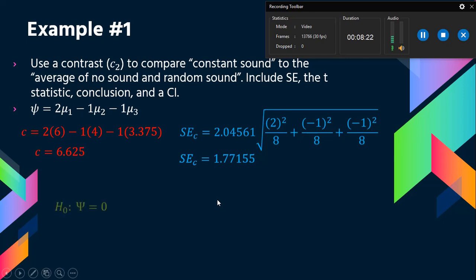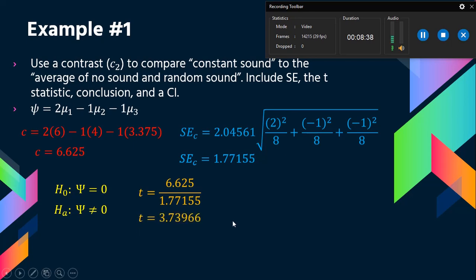Again, I'll set up my null and alternative hypothesis. I'm going to use a two-sided test. And then I can move forward with my t-test. So the contrast value over the standard error. Now that t-statistic is getting to be quite large. So at this point in the calculator, we'll run a t-CDF.